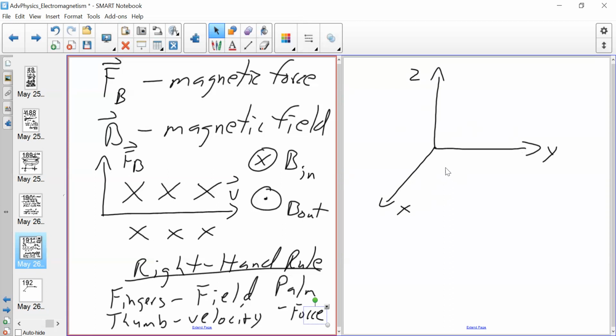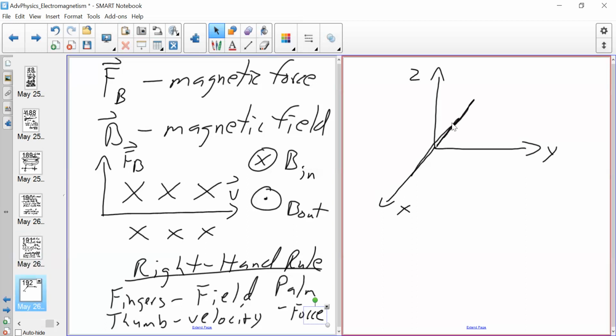So let's say I'm just taking this picture right here and tilting it a little bit. The x-axis would represent the velocity, the y-axis would represent the magnetic field, the x's, and the magnetic force would be the z-axis.